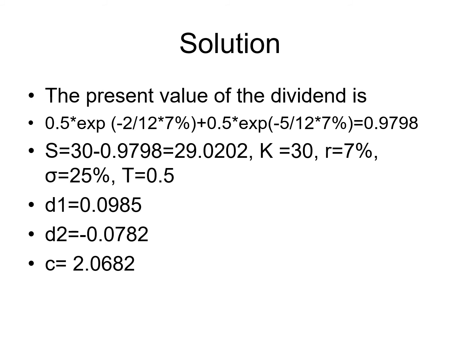The equivalent stock price is 30 minus 0.9798, which is 29 something. The rest is the same: K equals 30, r equals 7%, sigma equals 25%, and T, 6 months, equals 0.5. We can calculate d1, d2, and get the call price $2.0682.